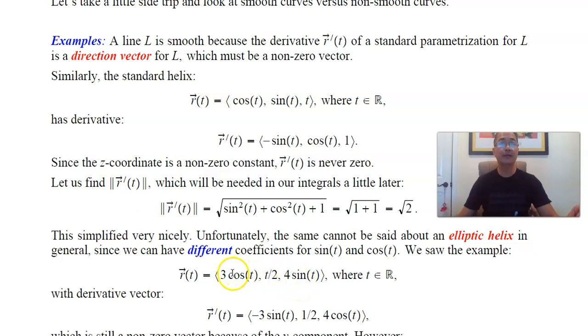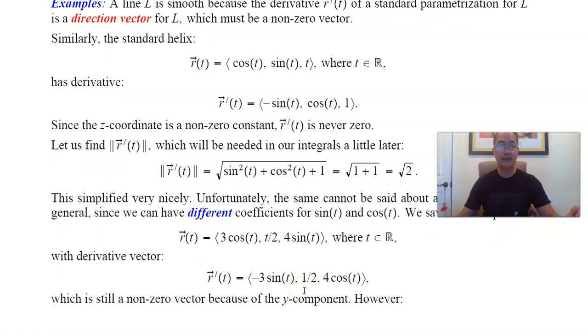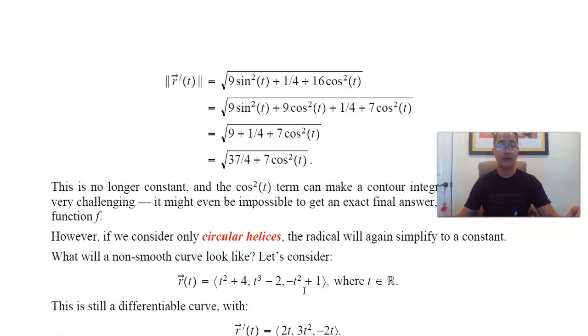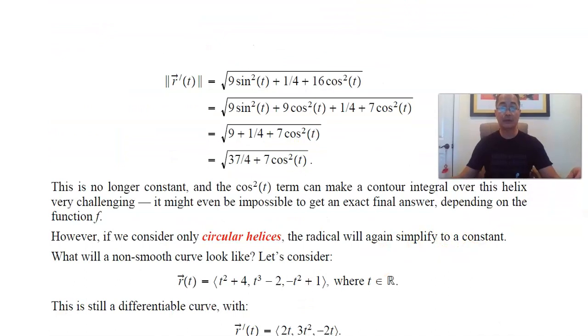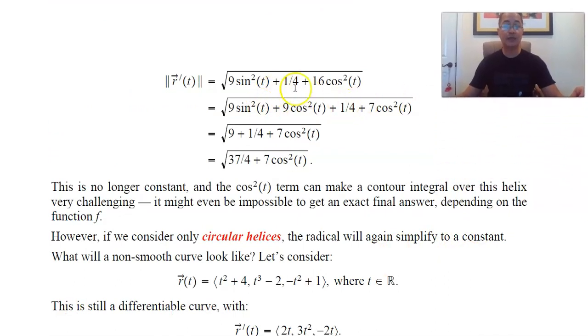So take the derivative: minus 3 sine, 1/2, 4 cosine, and then let's look at the length. 3 becomes 9 sine squared, 4 becomes 16 cosine squared. That does not add up to 1 this time.